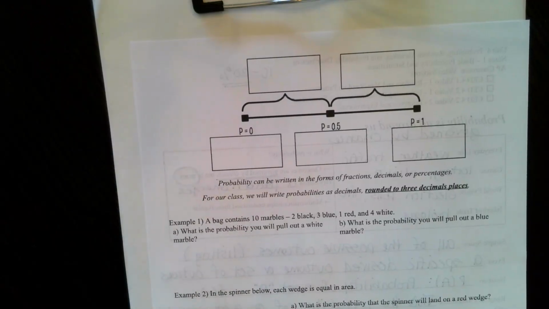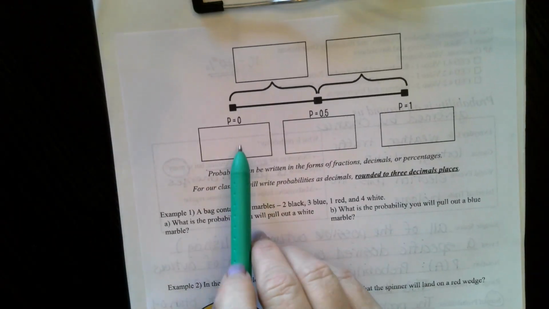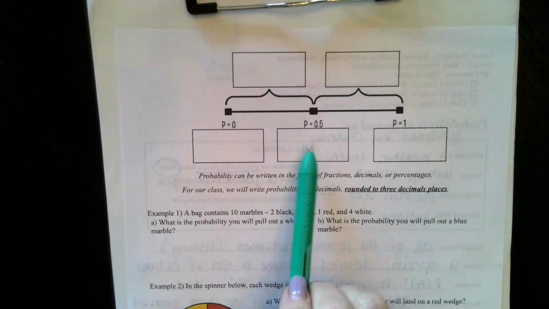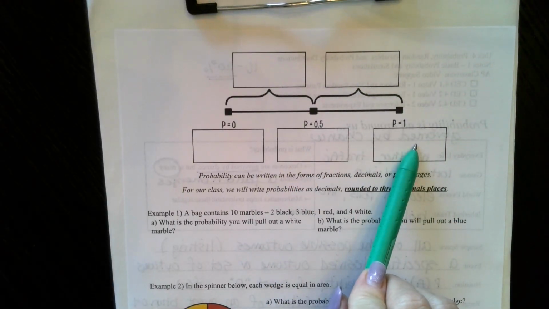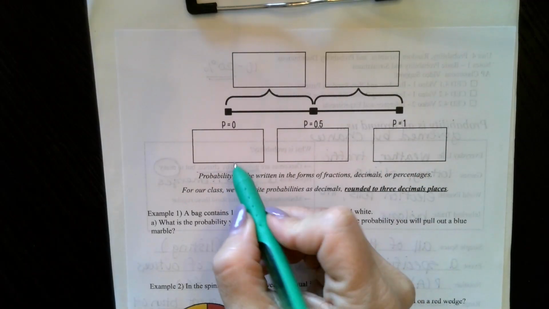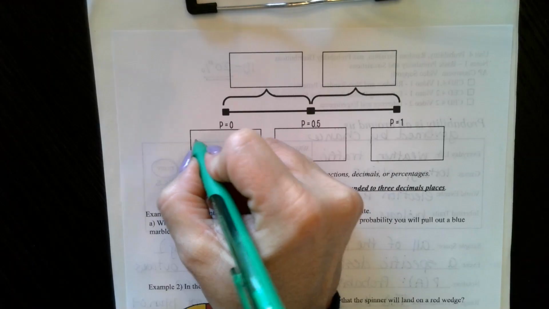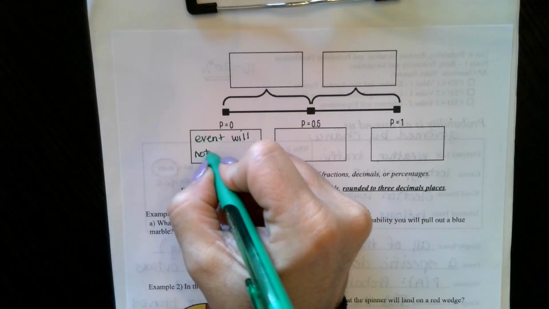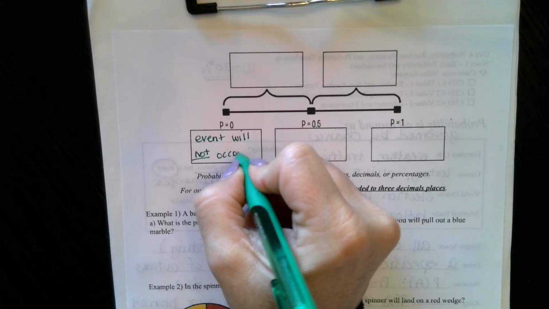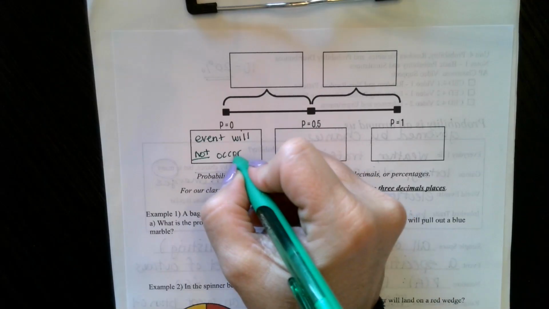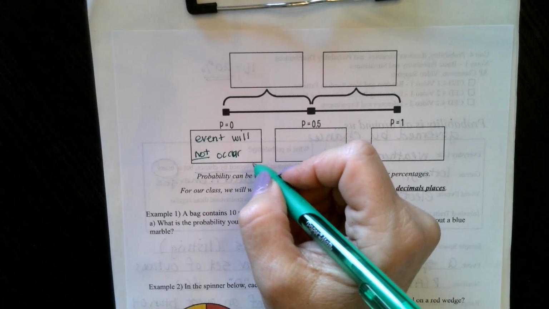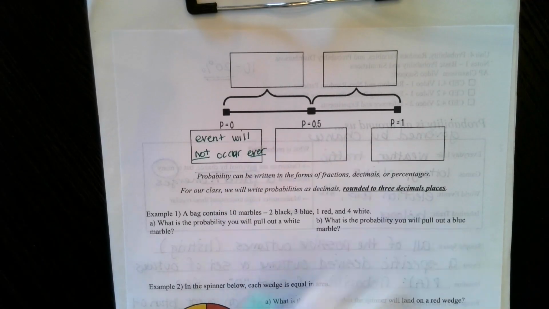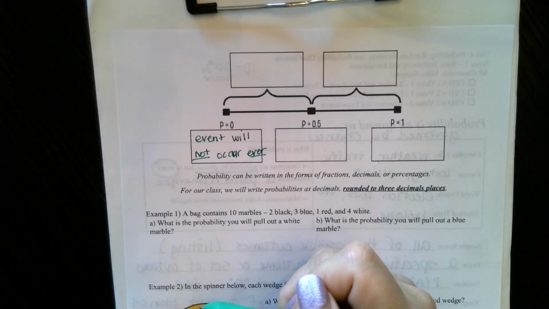All right, so let me flip this over. So here's what we have. We have a probability of 0, a probability of 0.5, and a probability of 1. When we have a probability of 0, the event will not occur. Oh my gosh, I cannot spell today. Will not occur, O-C-C-U-R. So this event will never occur is what it's saying.